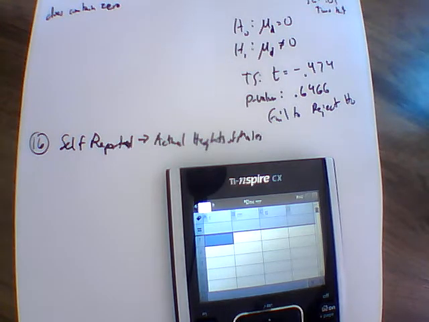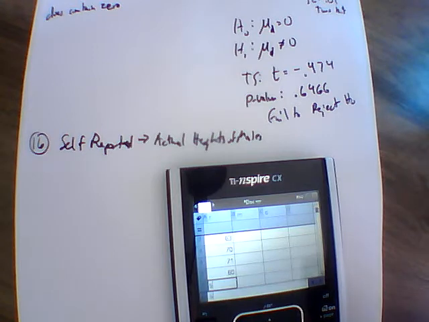So we see that the reported heights go 68 inches, 71 inches, 63, 70, 71, 60, 65, 64, 54, 63, 66, and 72.